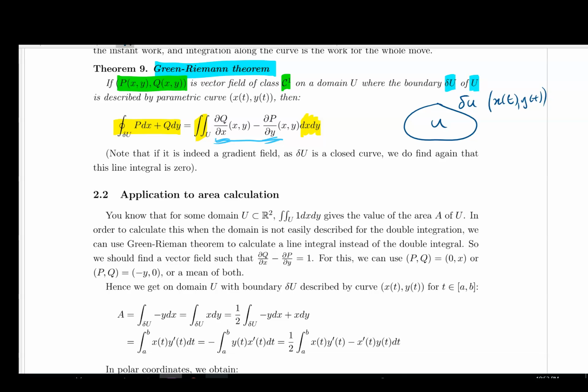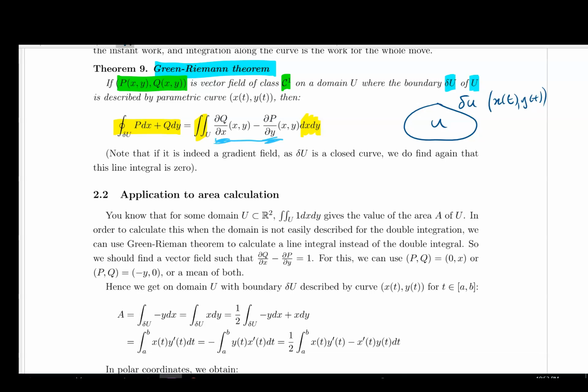You know that if PQ is conservative, the line integral depends only on the values at the bounds of your line, and if you have a closed line, then you will get 0. So if your vector field is conservative, you get that dQ over dx is equal to dP over dy, so that this is going to be equal to 0, and we get what we expected.